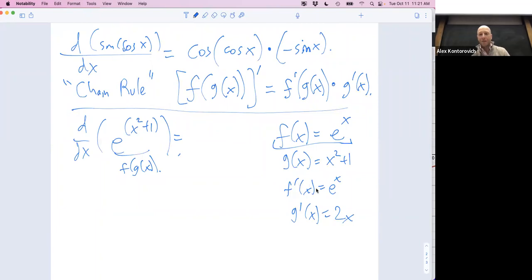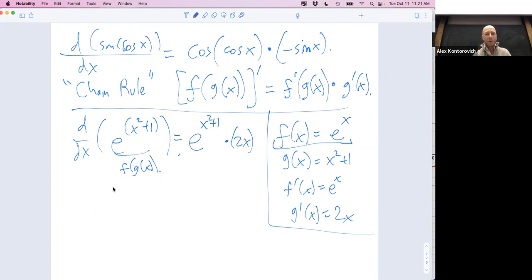The shortcut is f prime, that's e to the g of x. So it's f prime at g of x. So it's e to the x squared plus 1 times g prime, which is 2x.